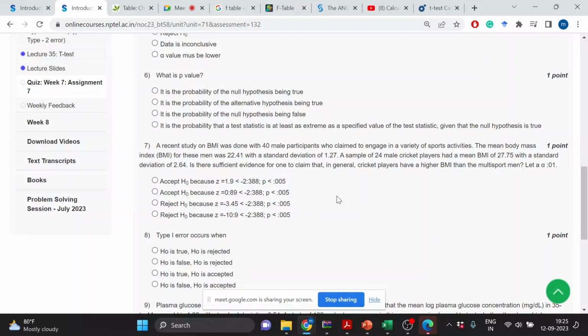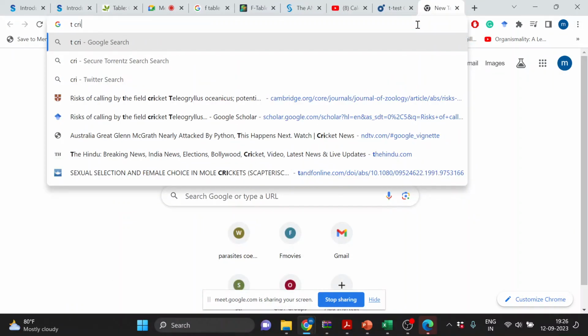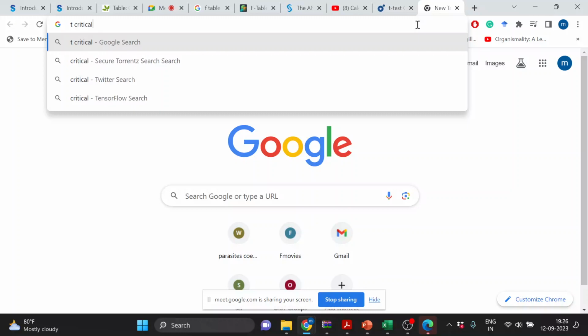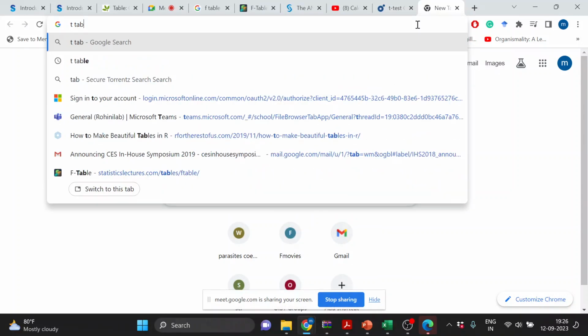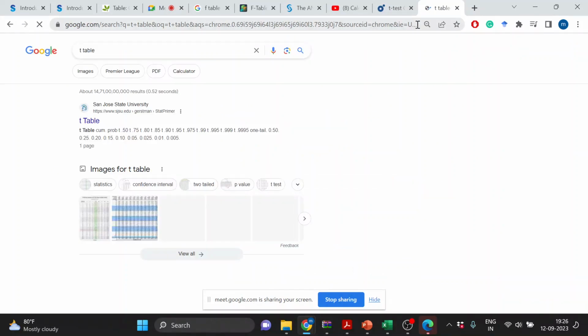Okay, sir. So actually, you have to say what is your T critical, for how many degrees of freedom? T critical, T table for 0.05.